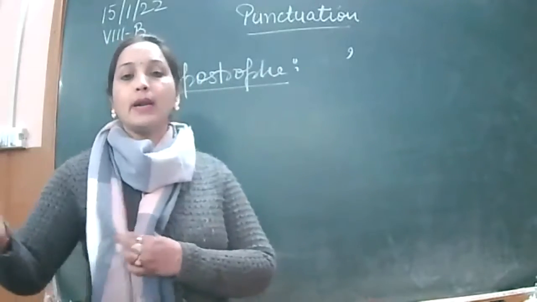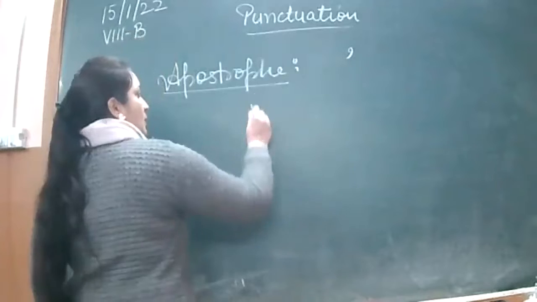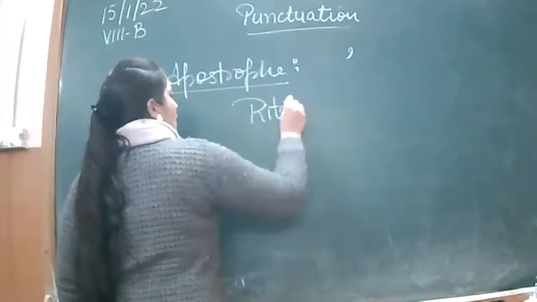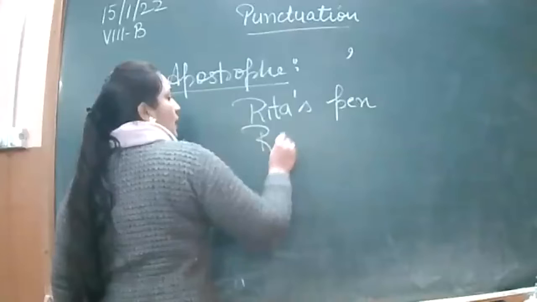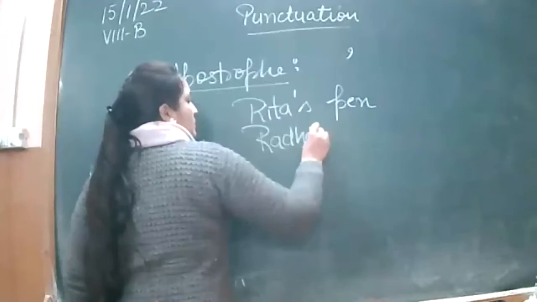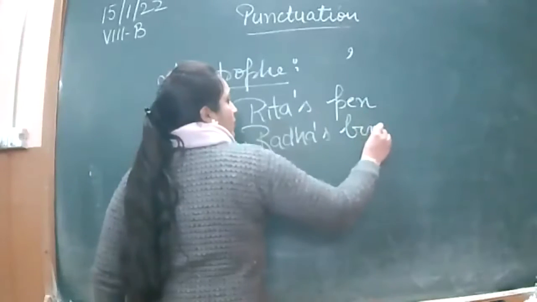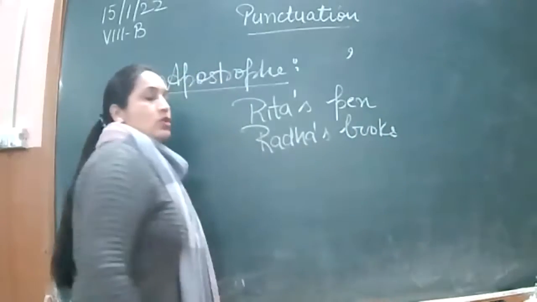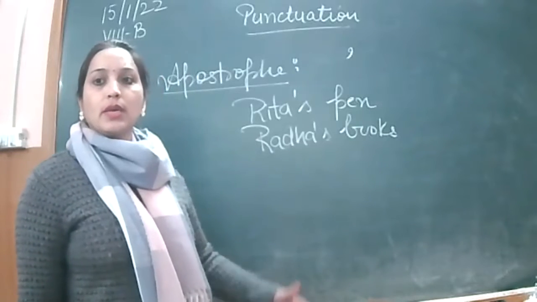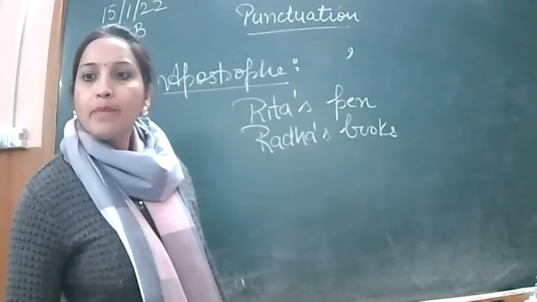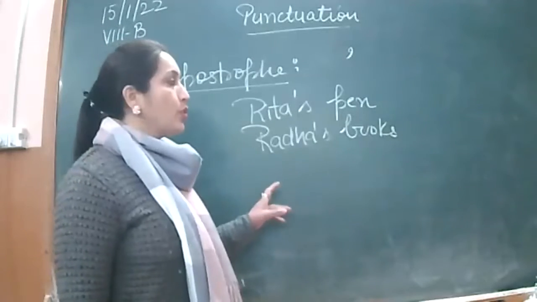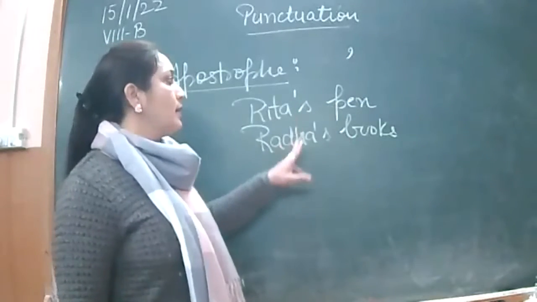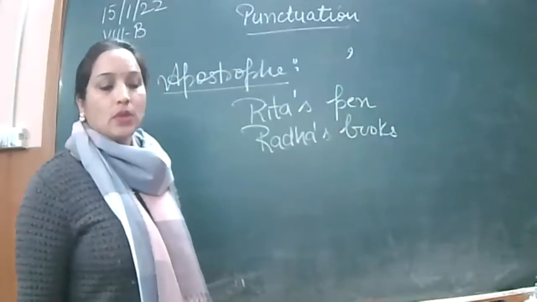For example, Rita's pen, Radha's books. So when you want to show possession, in that case you use an apostrophe. Rita's pen, Radha's books.